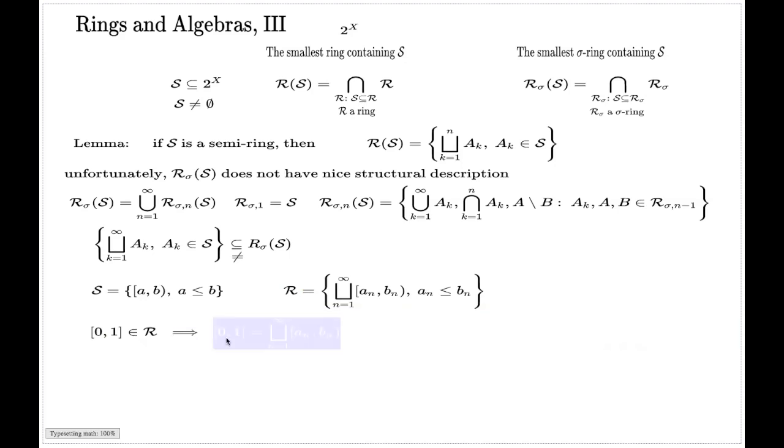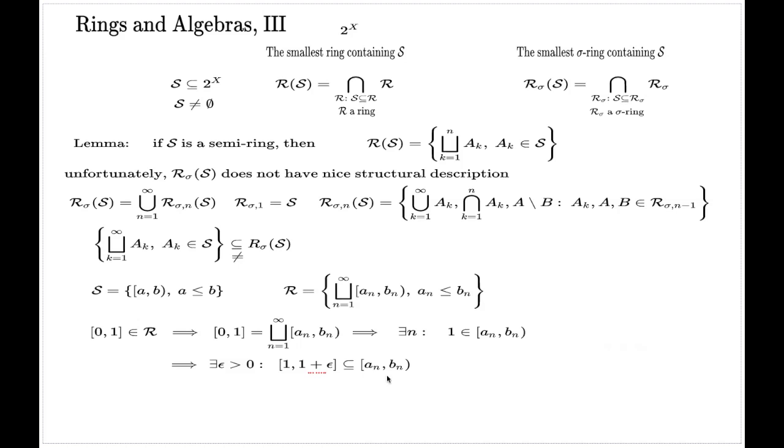Indeed, if this is so, then the closed interval has a representation via a disjoint union of half-open intervals, which means that, for instance, point 1 falls within one of these half-open intervals, so there is one n such that unity belongs to one of such intervals. But because the interval is open on the right-hand side, there is an epsilon such that not only 1, but everything from 1 to 1 plus epsilon, including 1 and 1 plus epsilon, also belongs to this specially chosen interval.